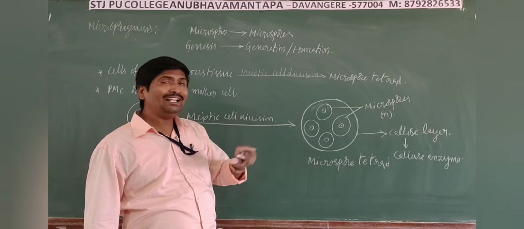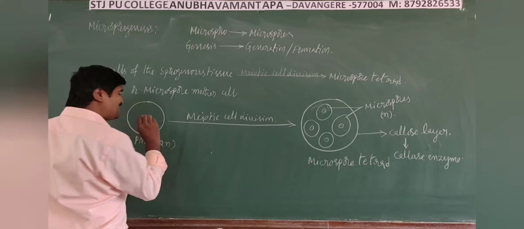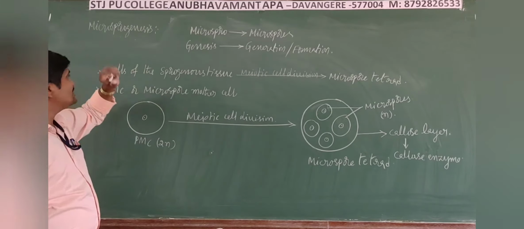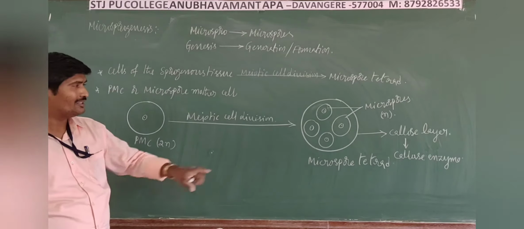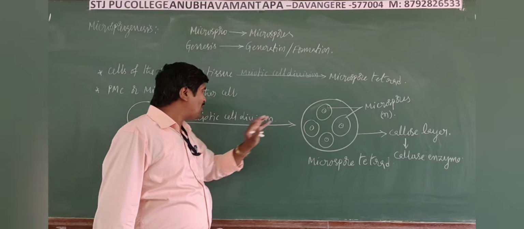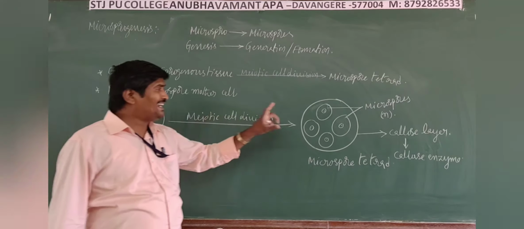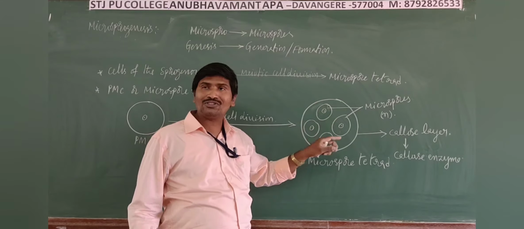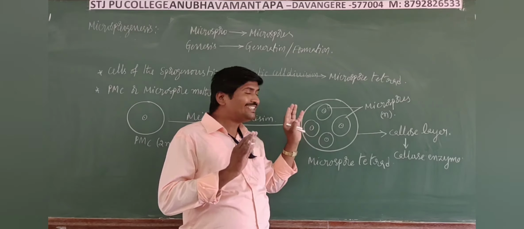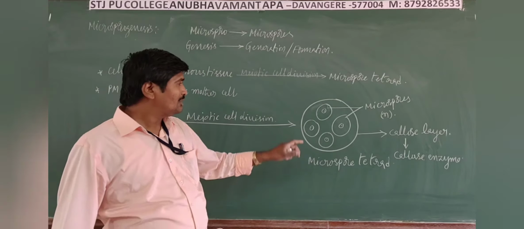That's why pollen grains are developed from the pollen mother cell. This entire phenomenon is known as microsporogenesis. The four microspores are formed from the pollen mother cell, and finally each microspore differentiates into a pollen grain.